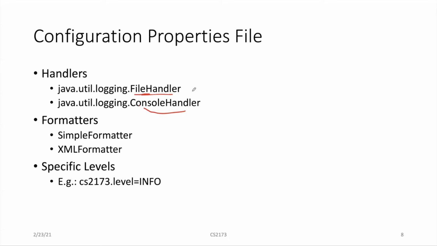So it basically saves whatever was logged so we can take a look at it later. There are two basic ways of formatting. One is a simple formatter, which is just one line, and then there's a really nice one if you're into XML, which formats the log as an XML file, and we'll see an example of that. And then we can give specific levels. The levels are specified as we'll see.